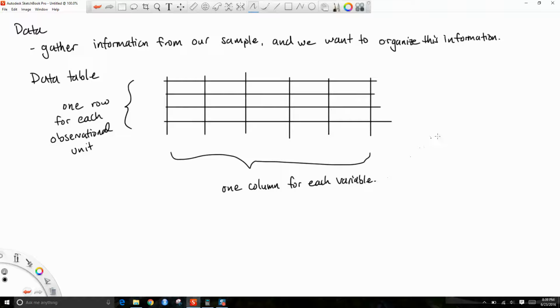Okay, this is what the book calls the stacked form.